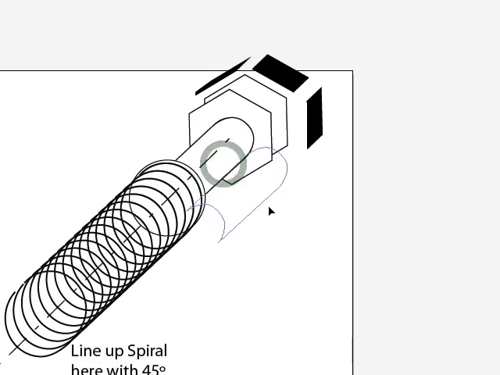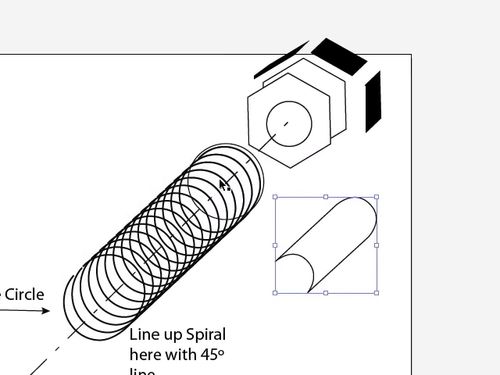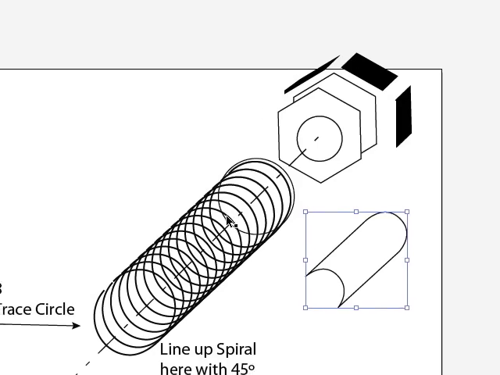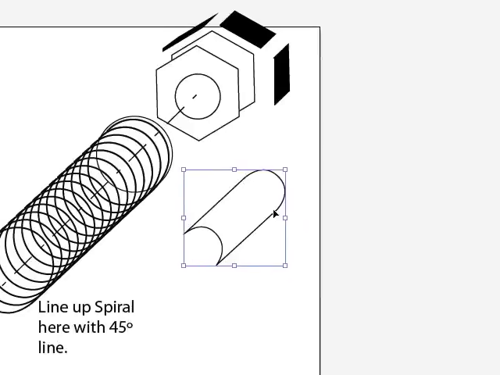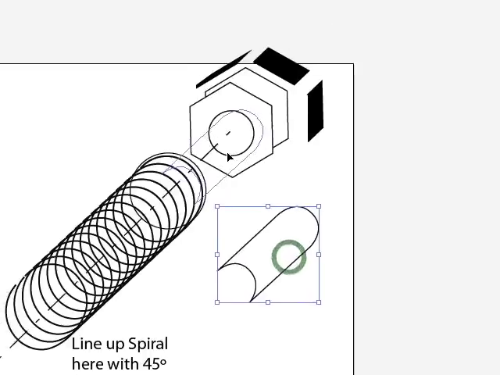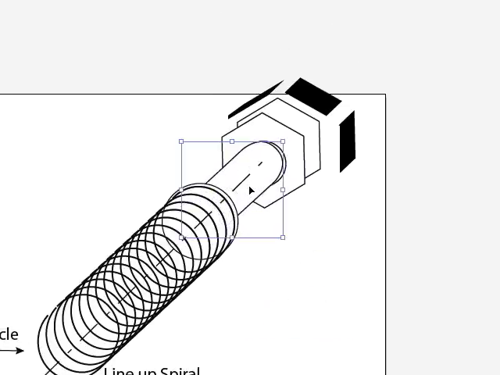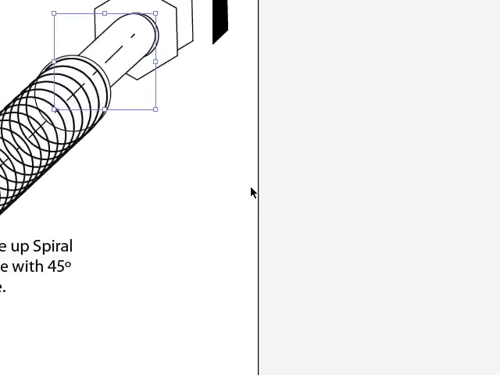And if you look, right there is a circle, and I cloned another one an inch away, and then I covered it. With the pen tool, I just drew a cover over it. So that is the grip of the bolt.